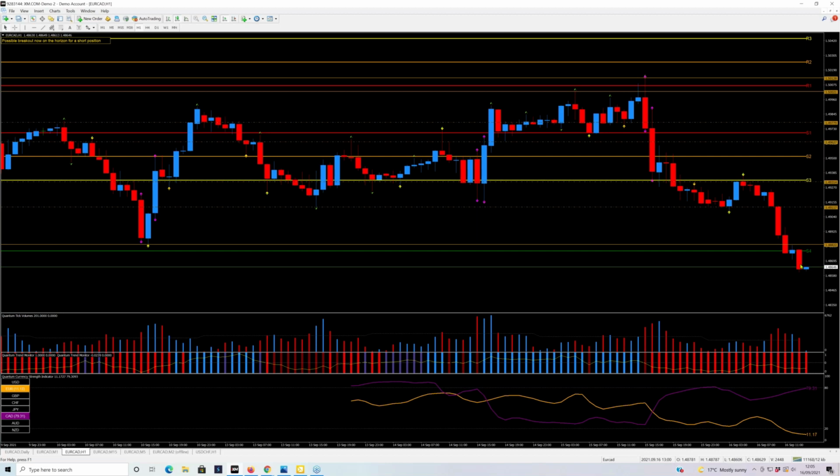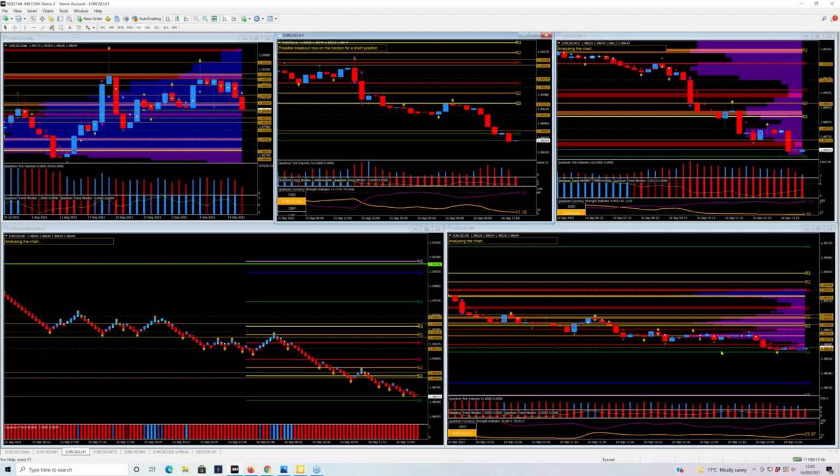You've got to be a little bit flexible with them. And what's interesting about this down candle is the volume is not great. It's not fantastic. So that possibly tells me that that selling may be coming to a point where a reversal could be feasible.